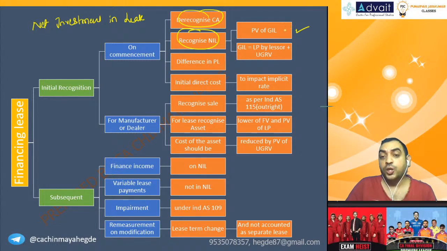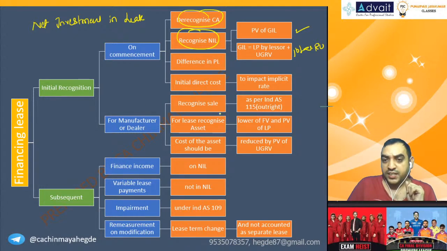What does gross investment include? Lease payments and unguaranteed residual value. Guaranteed residual value is anyway in the lease payments, and unguaranteed residual value will be there. When you do the present value, you get what is called net investment in lease.